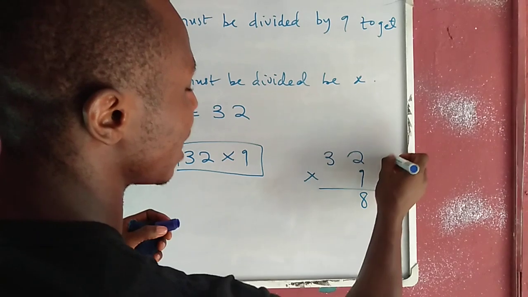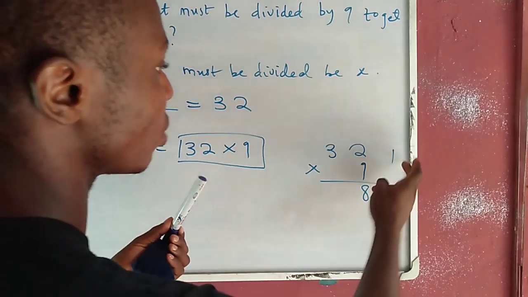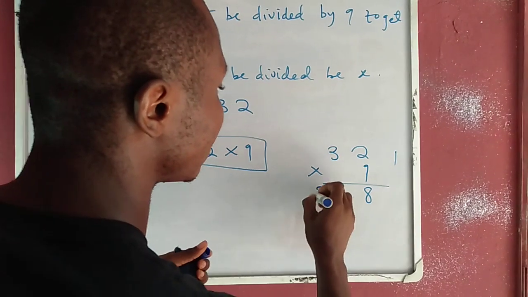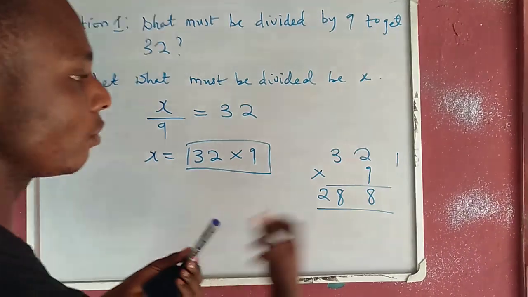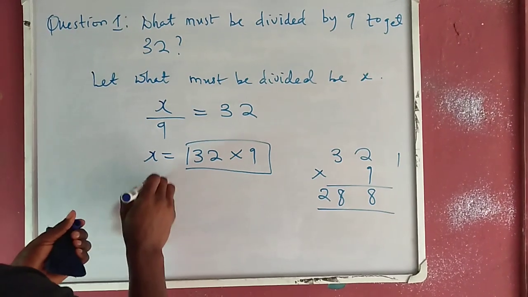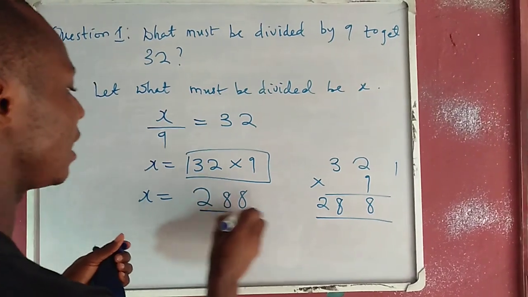Write down 8 and carry 1. 9 times 3 is 27 plus 1 is 28. So 32 by 9 will give you 288. So X is equal to 288, and that is the result.